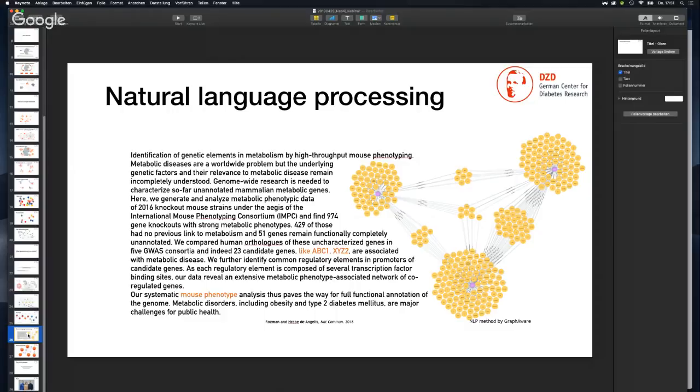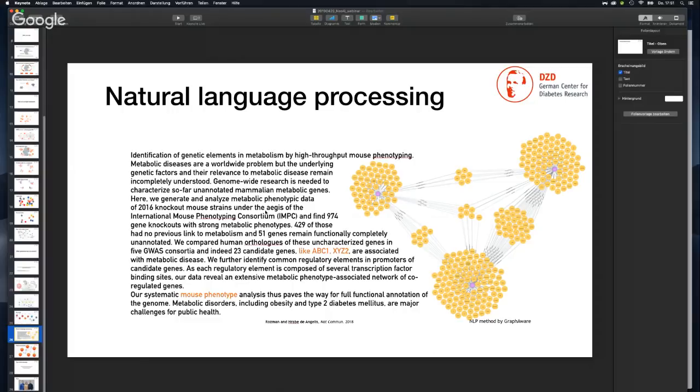One example is a database with 30 million scientific texts called PubMed, where we have outcomes from basic research and medical research. These texts are usually quite long, between 4 and 20 or 30 pages, and they are very complicated to understand, and there's much going on.